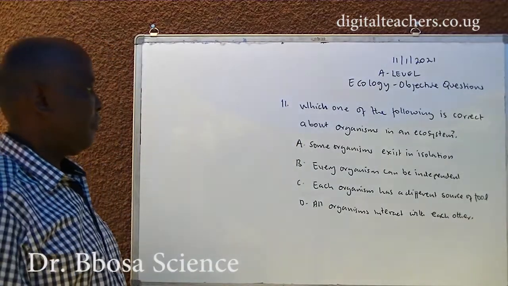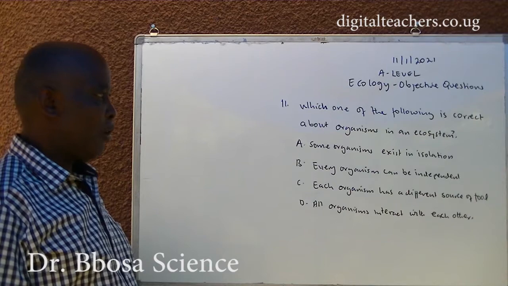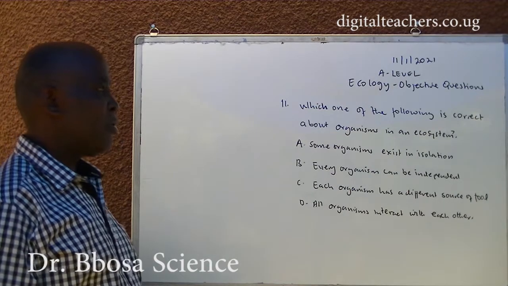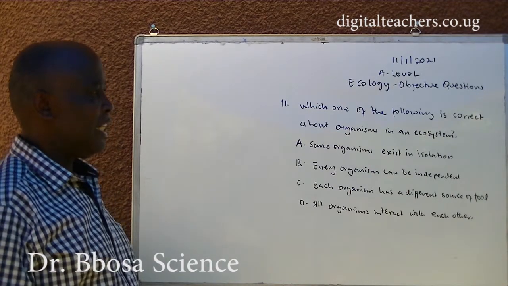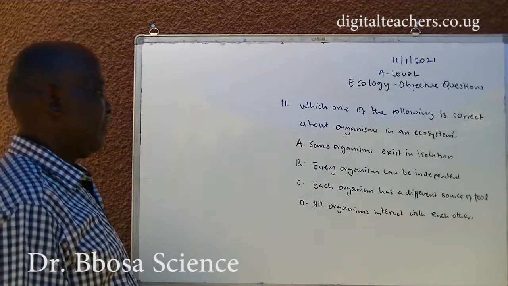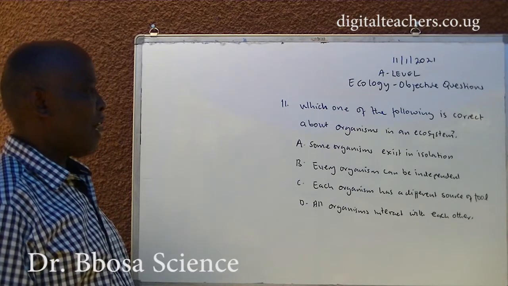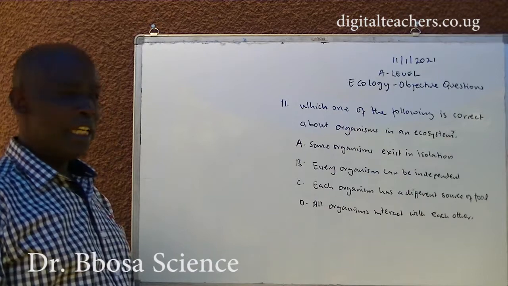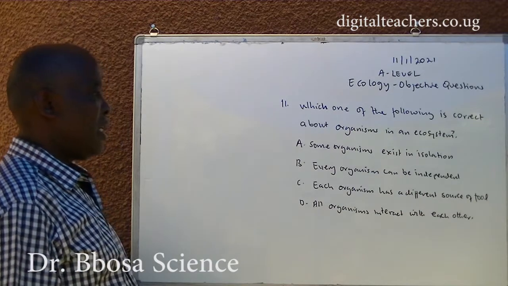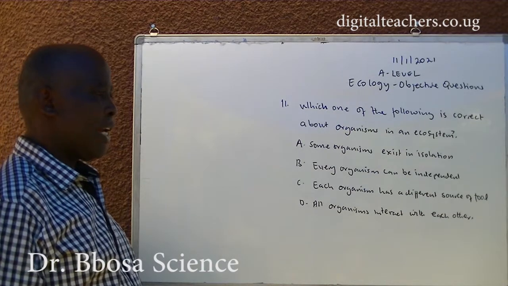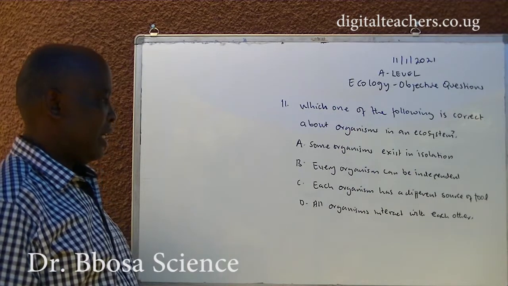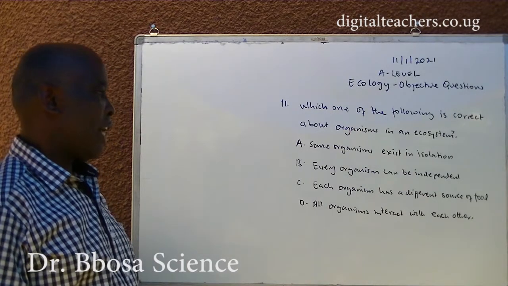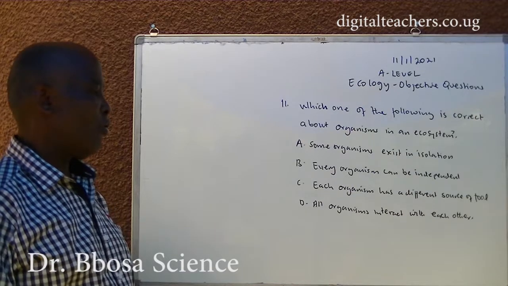Number 11. Which one of the following is correct about organisms in an ecosystem? A. Some organisms exist in isolation. B. Every organism can be independent. C. Each organism has a different source of food.